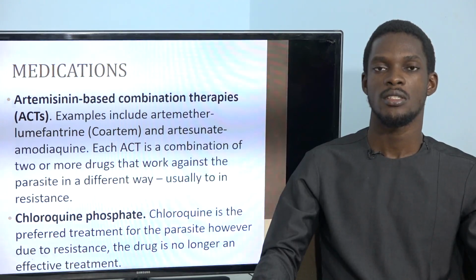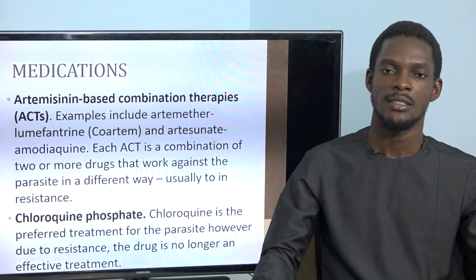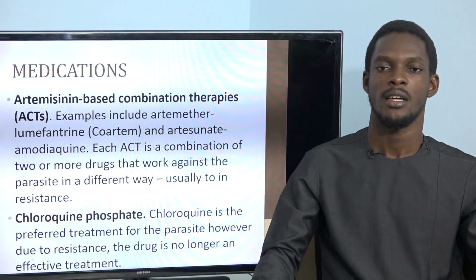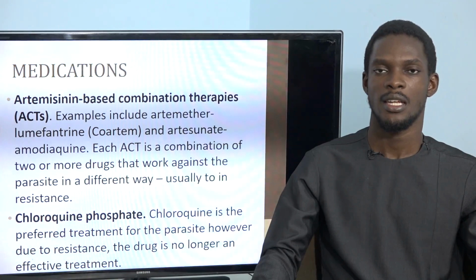Medications used in treating malaria include artemisinin-based combination therapy, and this includes artemether-lumefantrine, artesunate-amodiaquine, etc. Artemether-lumefantrine is another name for the popularly known Coartem.